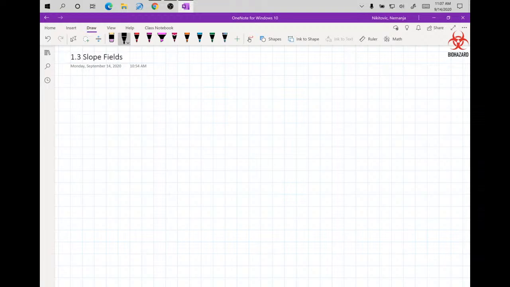Now, let's consider the equation y prime is equal to x plus 1. So we'll consider that equation, and we are going to take a look at the solution using the method we know from before.